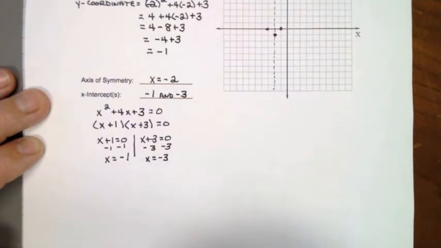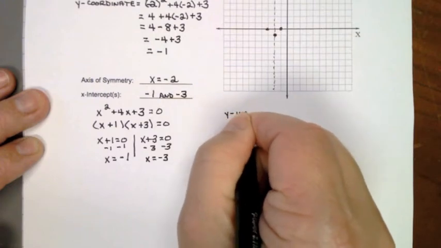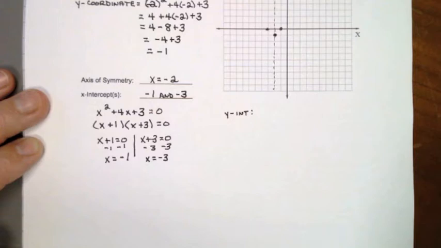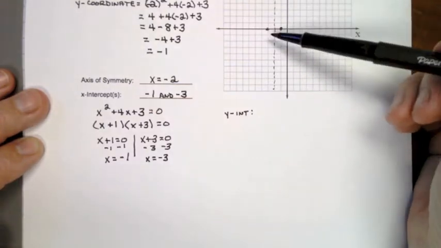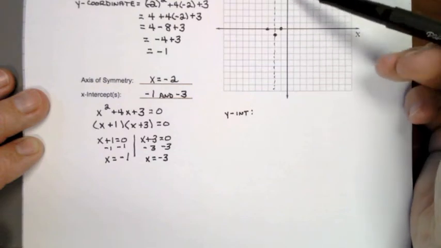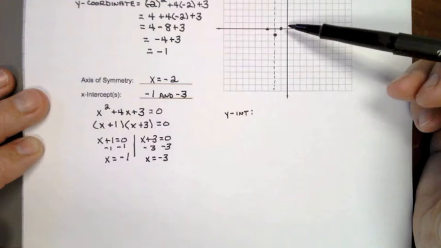Another good point to find to help us graph this would be the y-intercept. How do I find the y-intercept? I need to figure out where this is going to intersect the y-axis. And what do I know about something that intersects the y-axis? X is equal to 0.